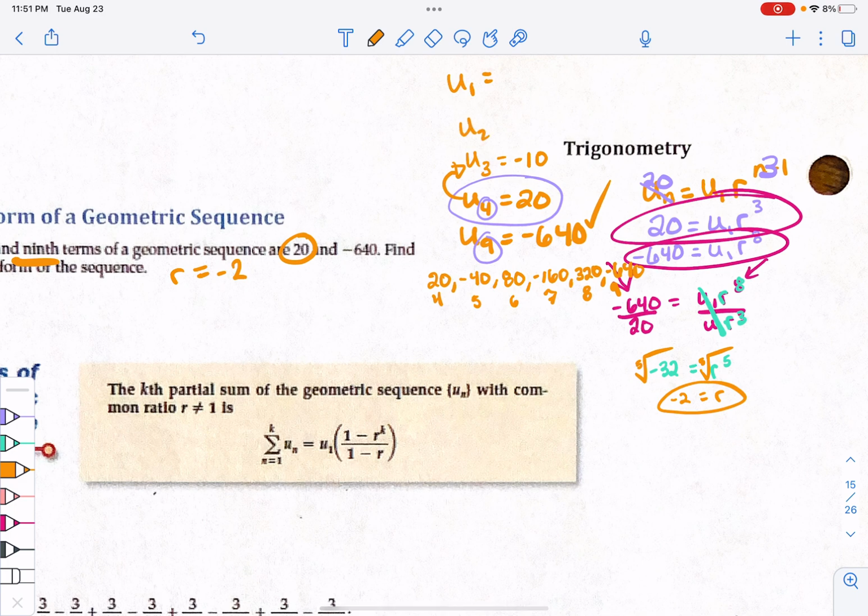Dividing by negative 2 again gives positive 5, and again gives negative 2.5. Now if I work frontwards, negative 2.5 times negative 2 is 5, this times negative 2 is negative 10, this times negative 2 is positive 20, and so on. So our u sub 1 for sure is negative 2.5.